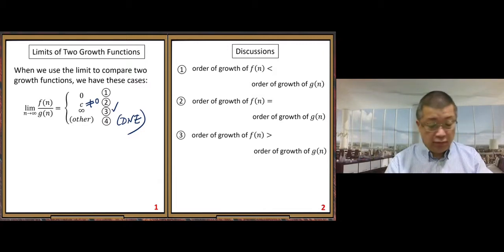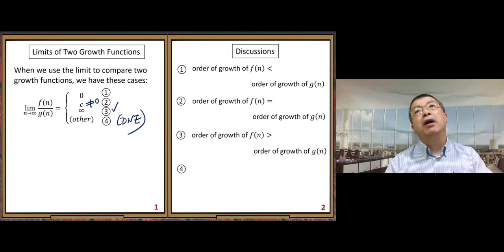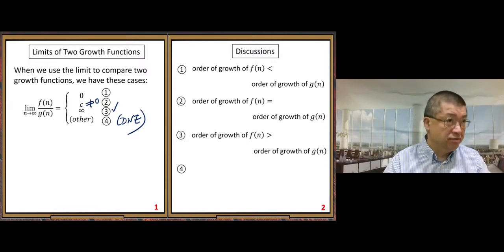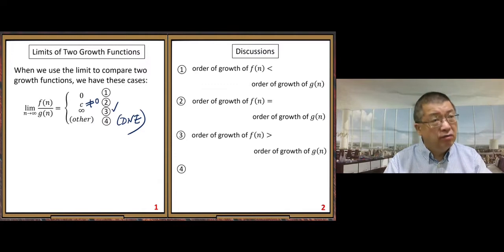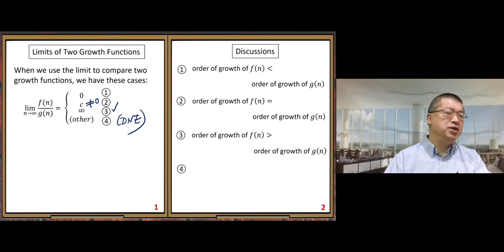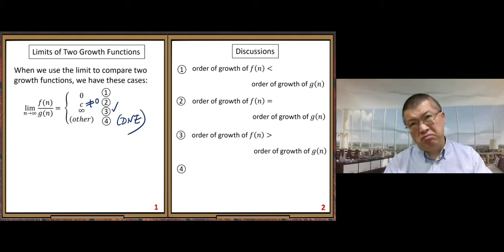The last one, the limit does not exist, then we don't know what the conclusion is. The conclusion could be different things. So we don't know, and we need to think about it. Later we try to answer this question.